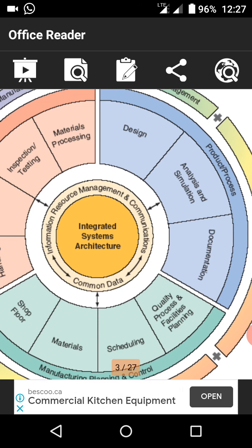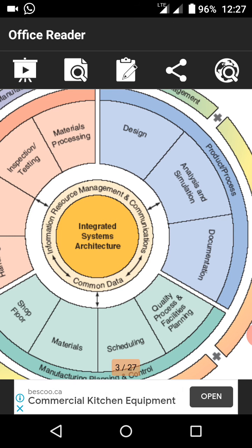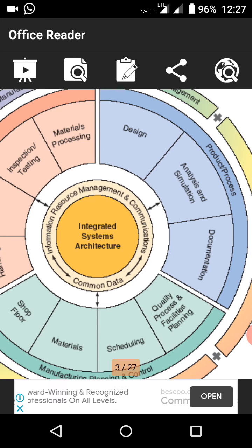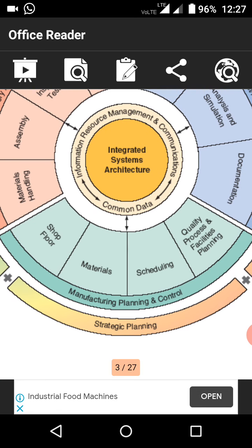We also consider manufacturing time, machining idle time, maximum production and quality control. All this we'll see in process planning.